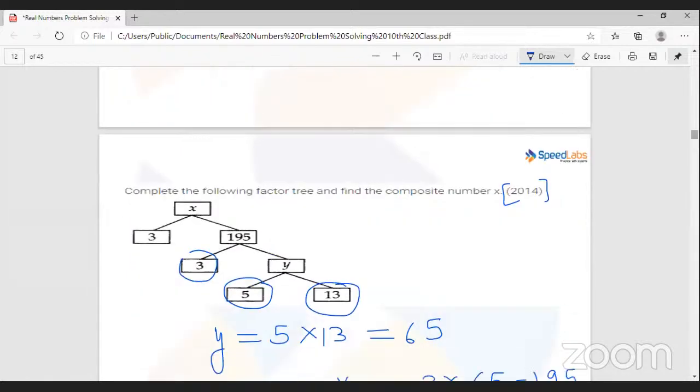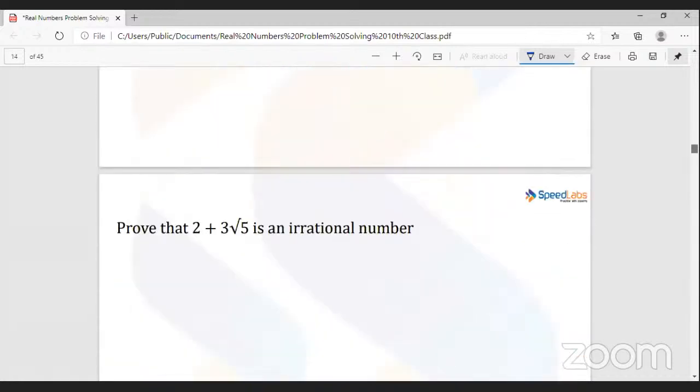Okay. So in prime factor tree, it is 3 into 3 into 5 into 13. So I hope it is clear. So let's move on to the next question then.